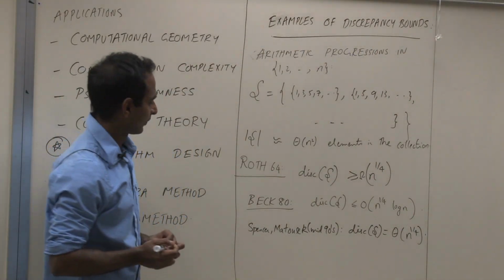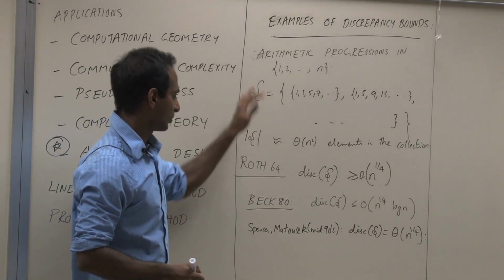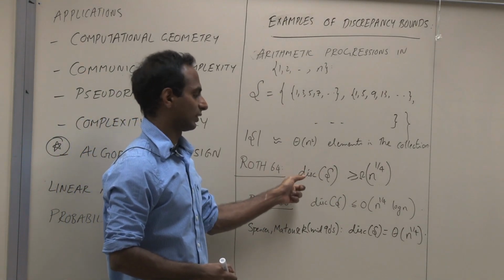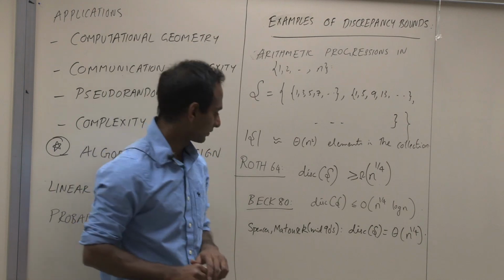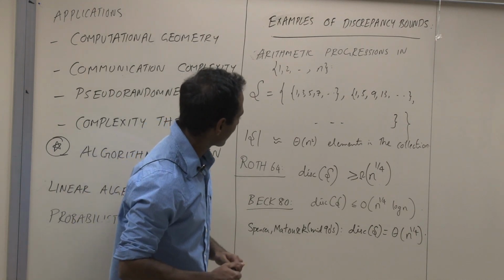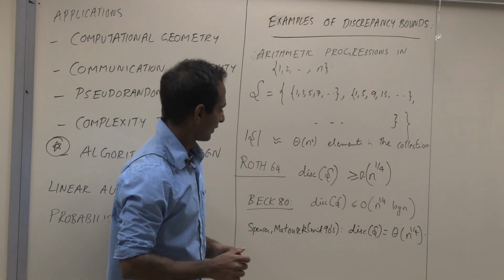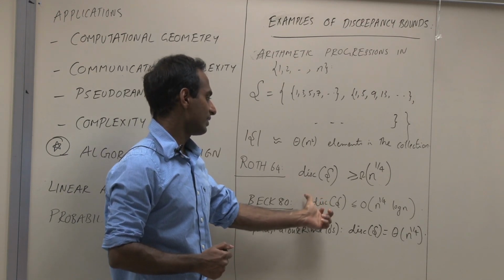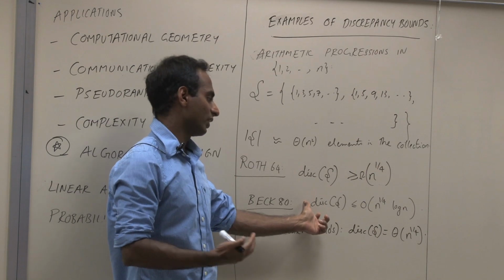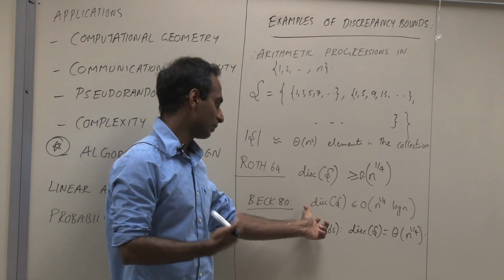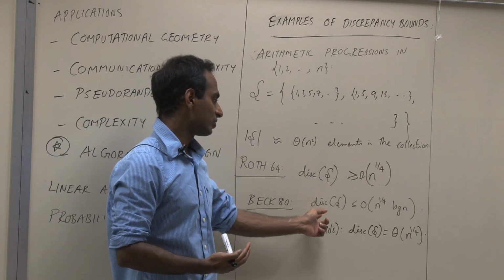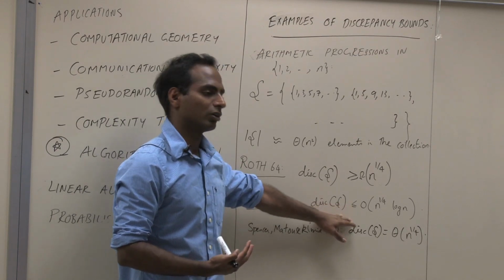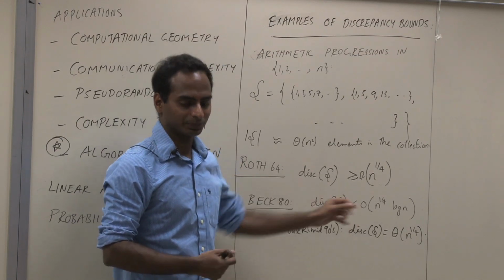So they settled the problem, which started from the work of Roth nearly 30 years back. And we'll see the partial coloring method. It's more than a small exercise, but given the partial coloring lemma that we'll see later on, it's not too hard to deduce this bound for discrepancy.